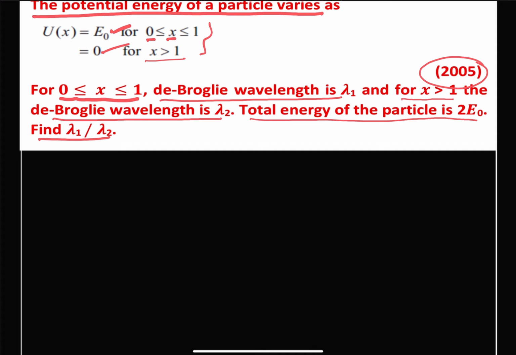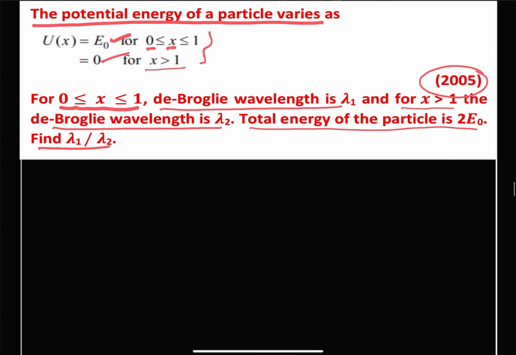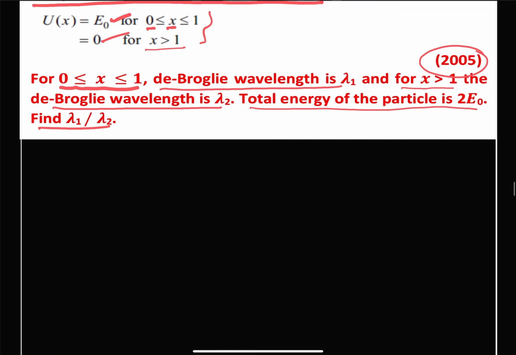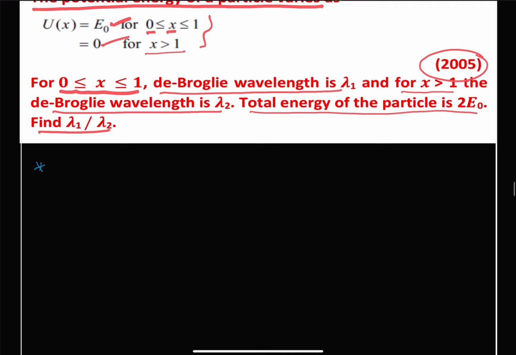And we can write the given equation in a more elaborate way. We can say that our energy U of x will be equal to E naught for x greater than 0 but less than 1, and for this particular range the wavelength is given to us as lambda 1.